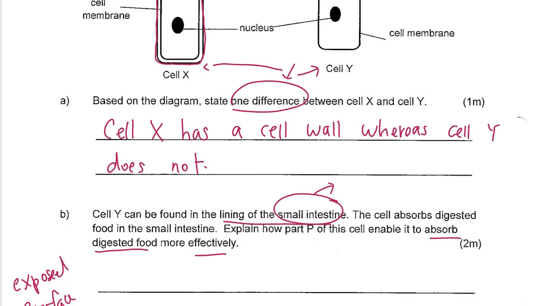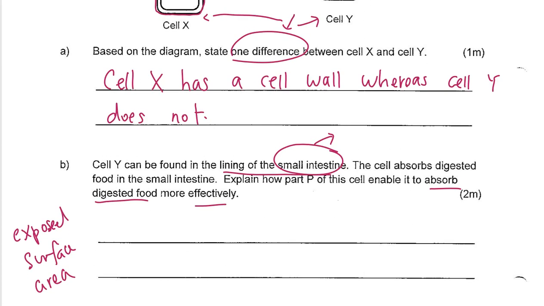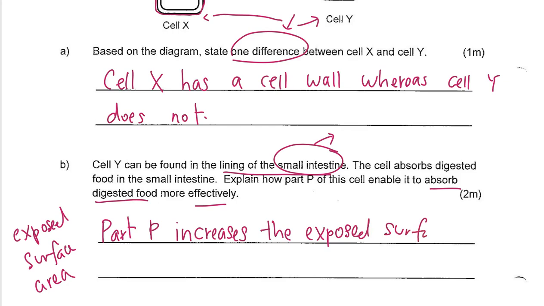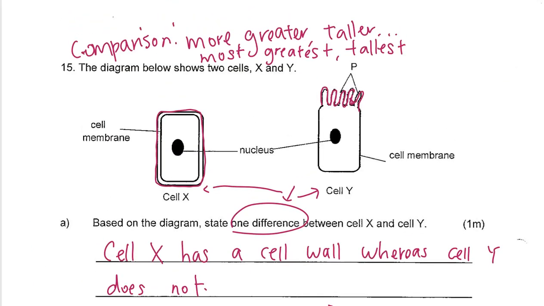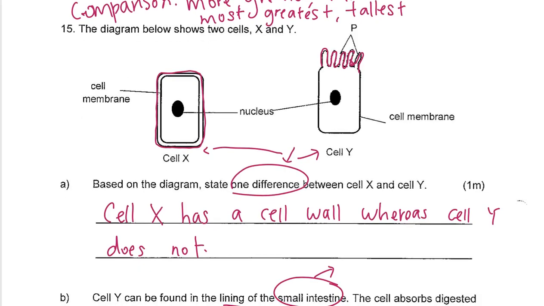So first of all, let's talk about cell Y. That part P, what does part P actually do? Increases the exposed surface area. Part P increases the exposed surface area of the membrane.